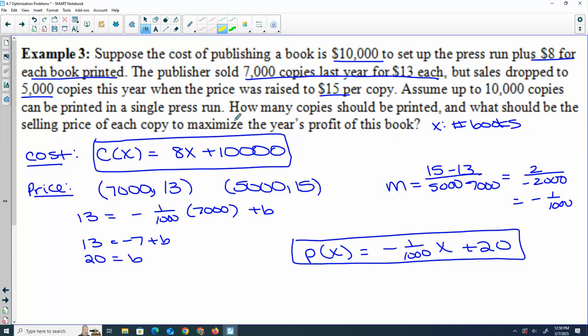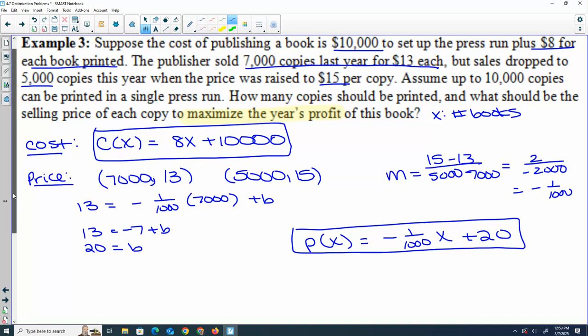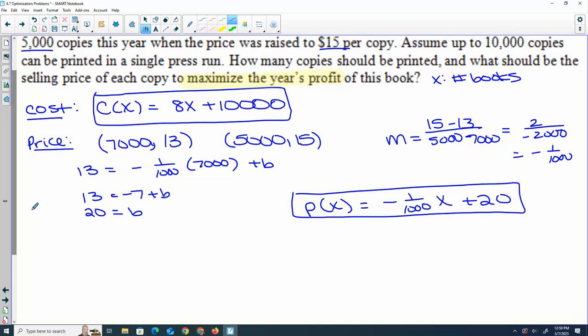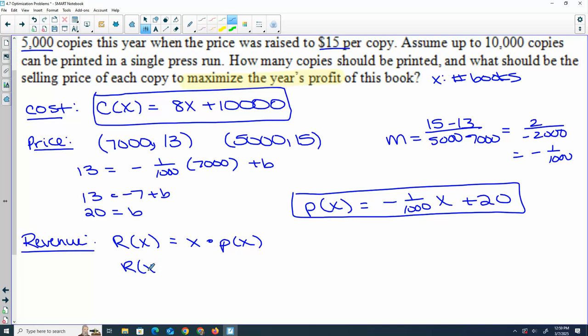So I'm trying to maximize profit. So I need a profit equation. How do we find profit? We have to do revenue minus cost. So first we need to get revenue. How do you find revenue? x times price. Yeah, this is going. I know, isn't that unfortunate? I did not make that part up.